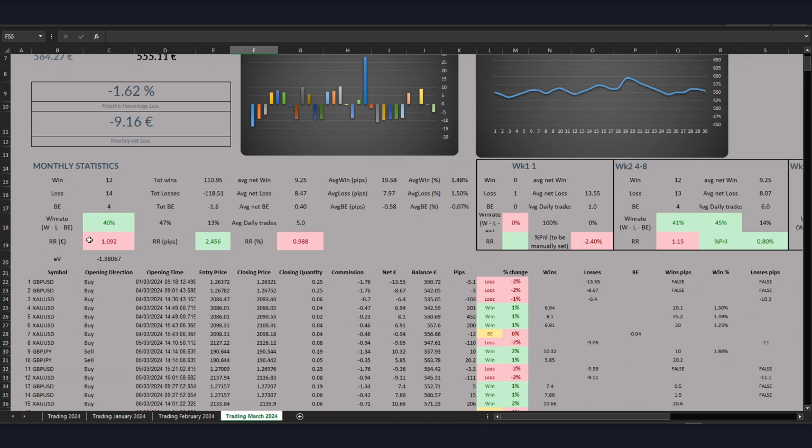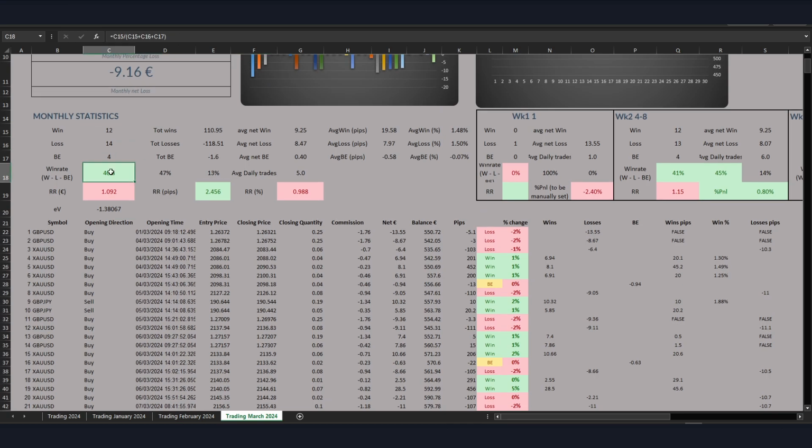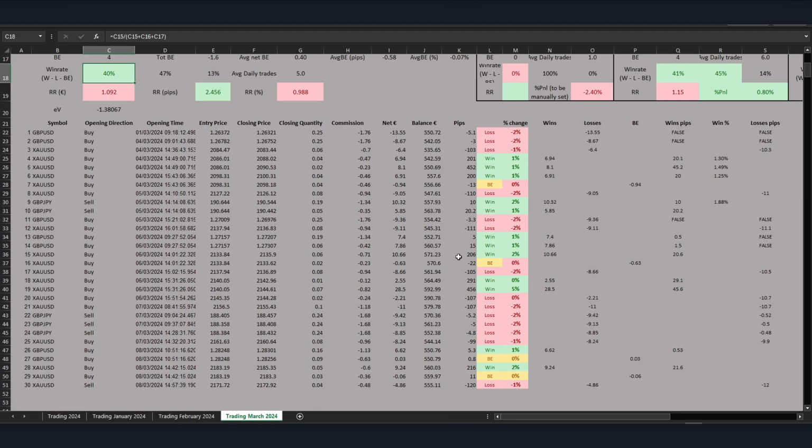First time filling in March, it's a win rate of 40%, but I'm not sure if it's based on the amount, because I started taking actual partials. Yeah, this one is a win, 15 pips.